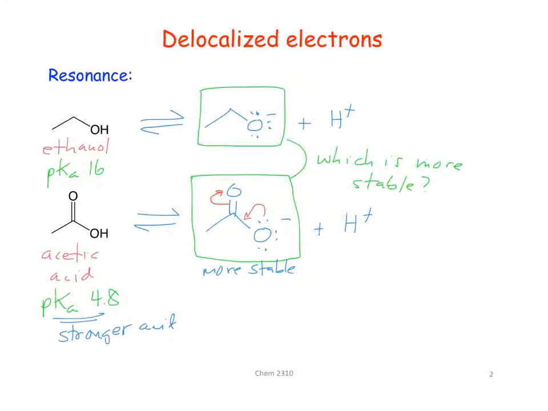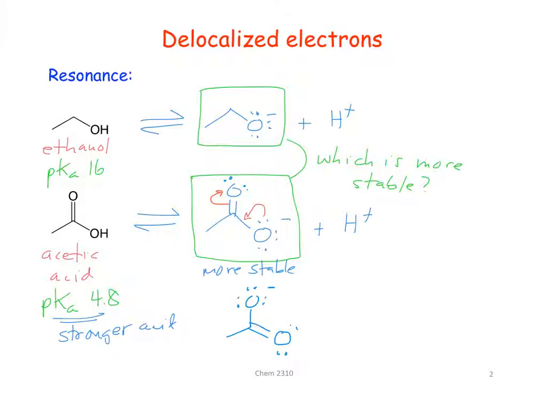It can give up its pair of electrons to the oxygen. This oxygen up here already had 2 pairs, so we can come up with a new structure. Now there's a single bond going up to this oxygen. We know that oxygen with 3 non-bonding pairs and a single bond has a minus charge, and it forms another oxygen with a pi bond.